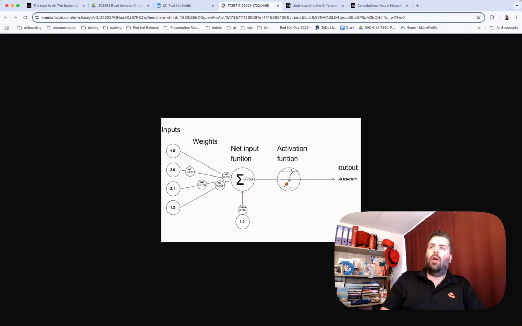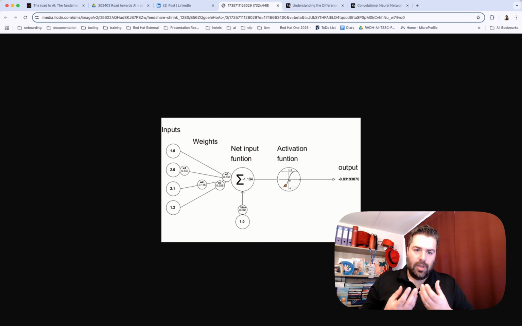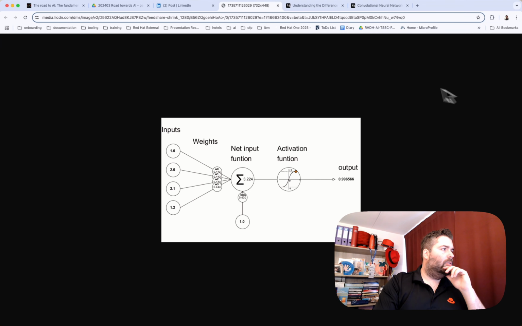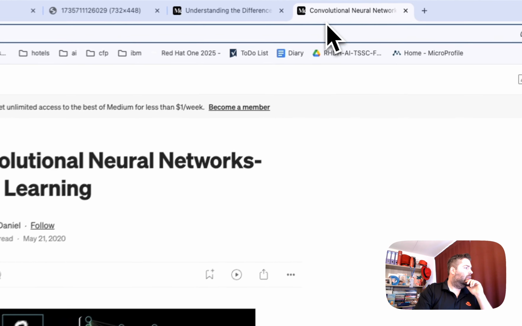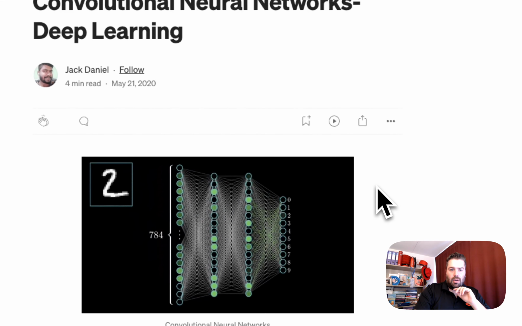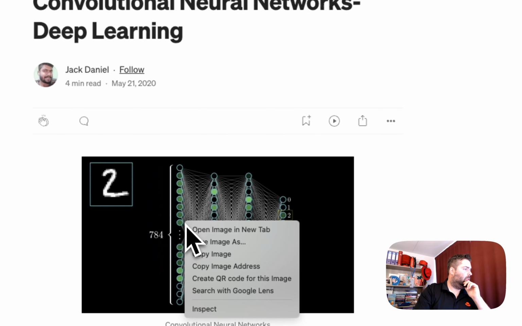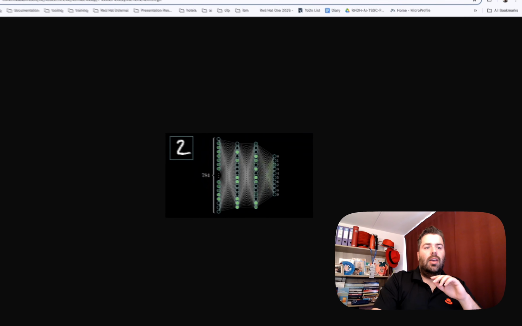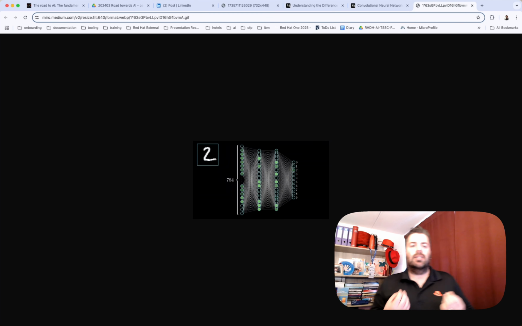Now, how does this look when the neurons are playing together? For this, let's zoom out a little bit and see how a neural network behaves when we do handwriting recognition, for example. Again, a blog post with a visualization I really like. Here you can imagine you're looking at a snapshot of a neural network designed to recognize handwritten digits.